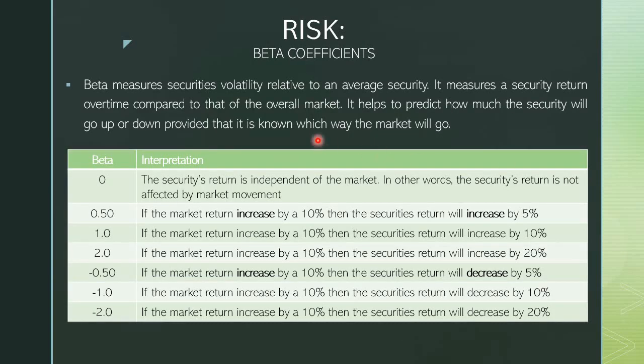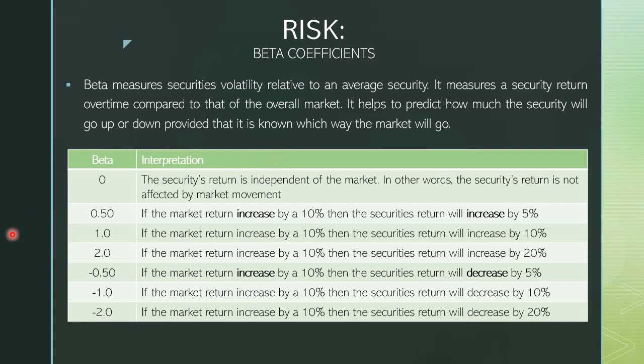Okay. So now we're going to discuss beta coefficients. Beta measures security volatility relative to an average security. It measures the security return over time compared to that of the overall market. So we're able to predict how much stock A would change if the market changes.